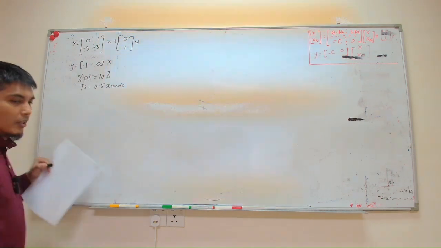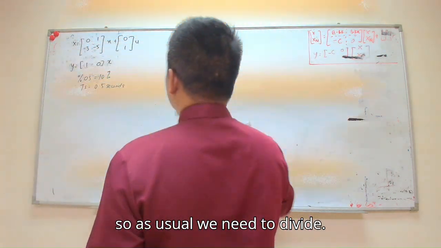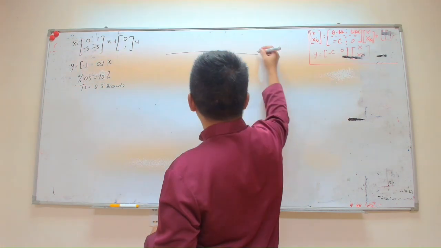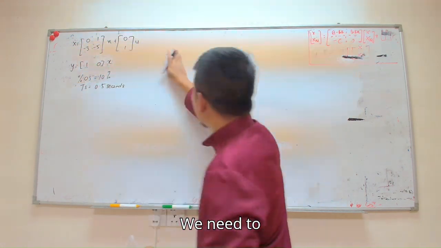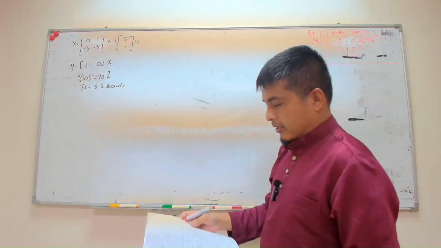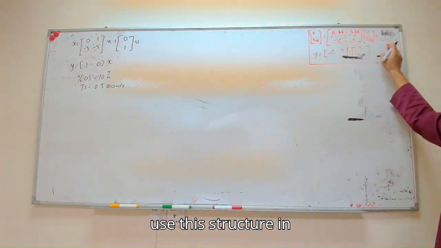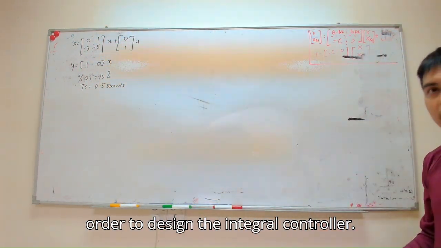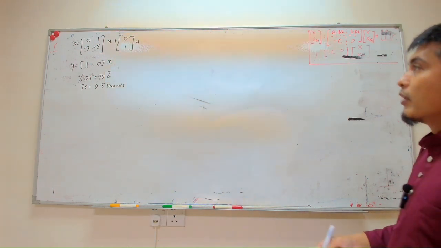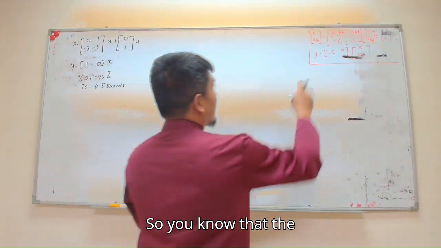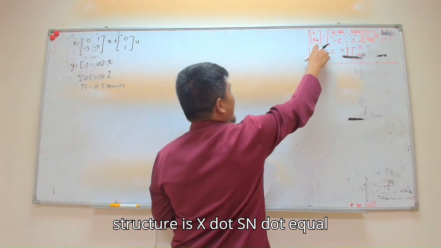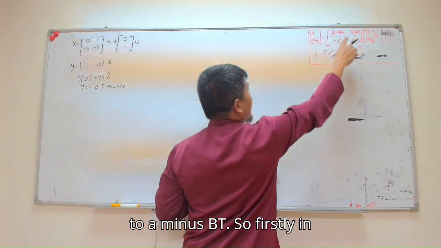Okay. So as usual, we need to use this structure in order to design the integral controller. So you know that the structure is x_n dot equal to A minus BK.